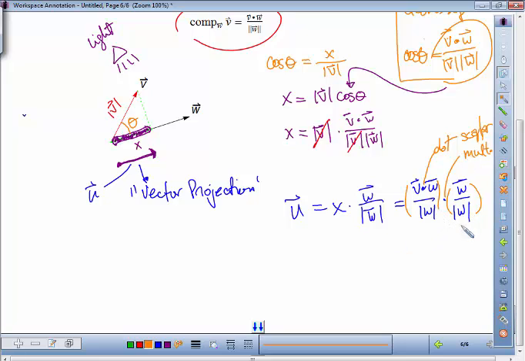Actually, since this is a scalar also, we can move that to the other side, with the scalar part.